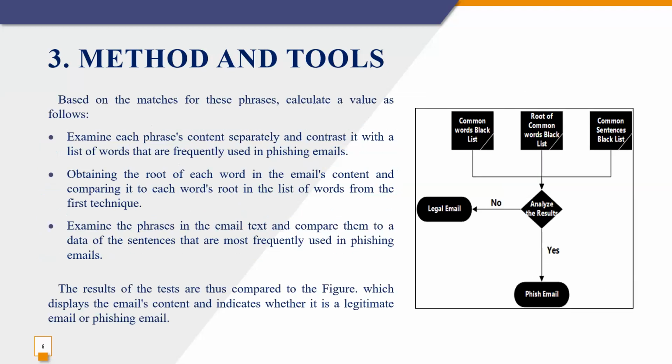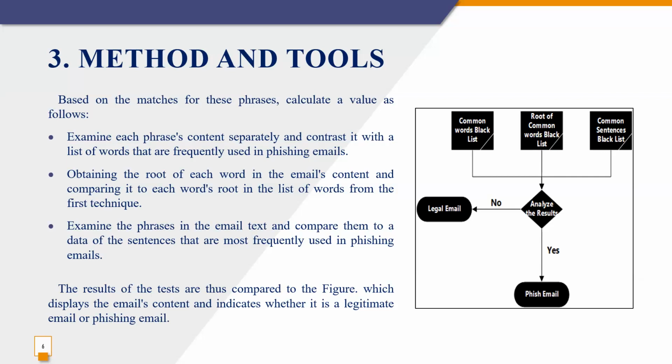Based on the matches for these phrases, calculate a value as follows. The first one, examine each phrase's content separately and contrast it with a list of words that are frequently used in phishing emails. Number two, obtain the root of each word in the email's content and compare it to each word's root in the list of words from the first technique.